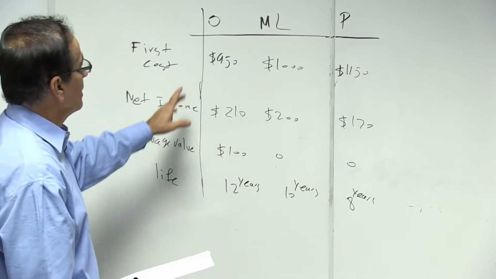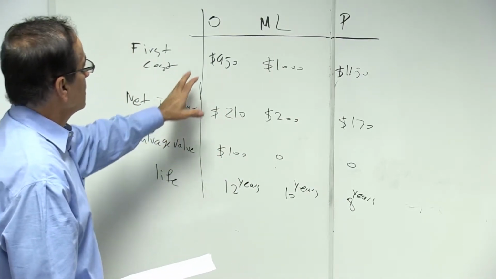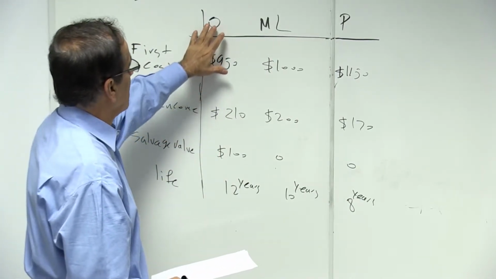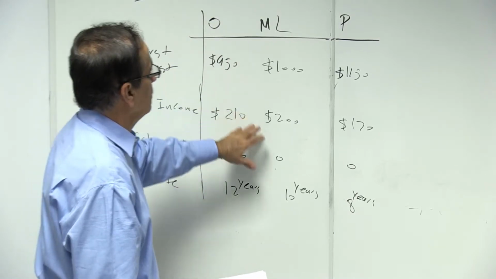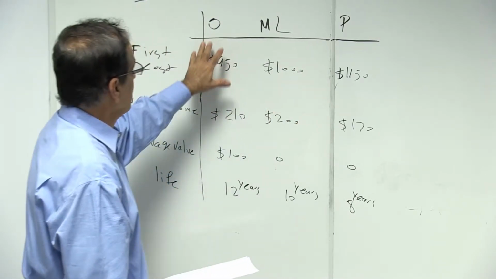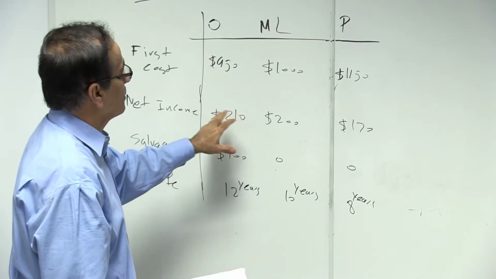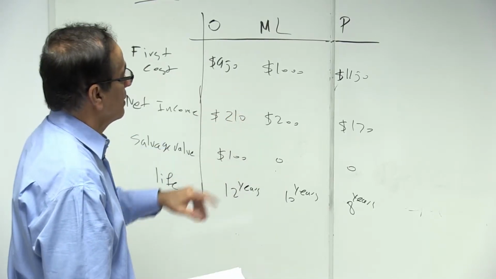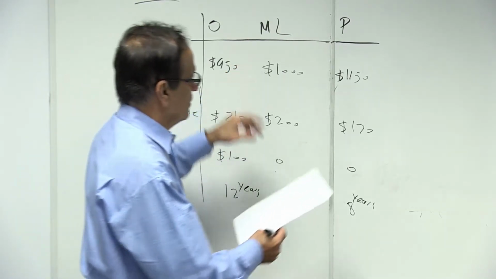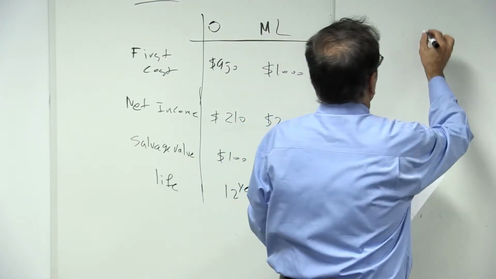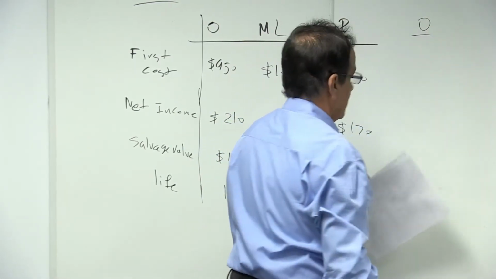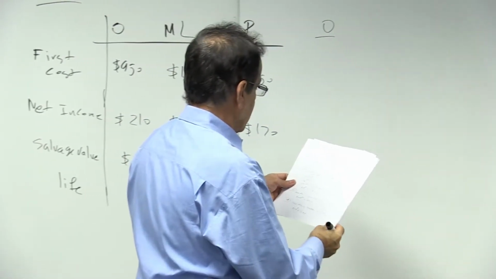So I'm going to show you what the rate of return is if I'm using the optimistic, most likely, or pessimistic value. I'm going to work through only the optimistic one, then I'll provide the rate of return for each other situation. So let's find it for the optimistic value, using O for optimistic.